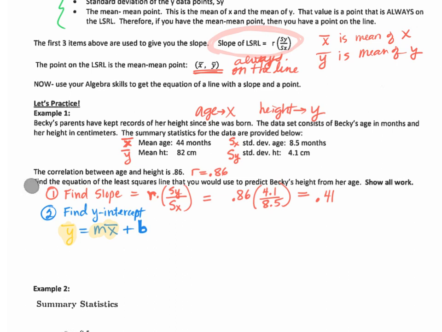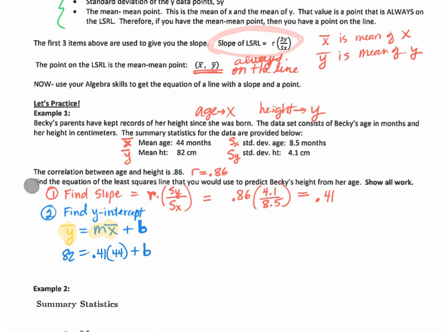So I've got all those numbers that I can fill in. So y bar is the mean of y, the slope we just found is 0.41, the mean of x is 44, and plus the y-intercept, which I've got to find.